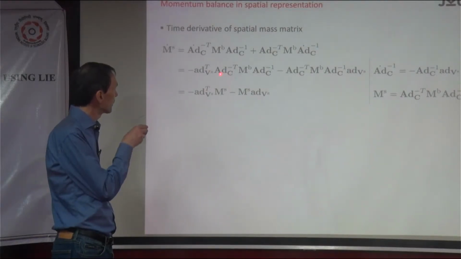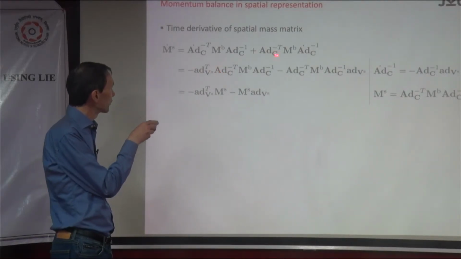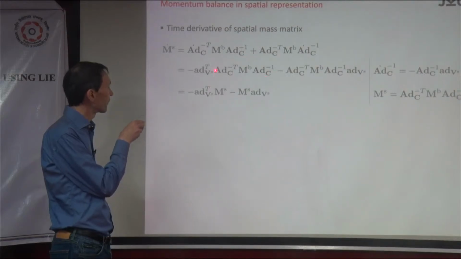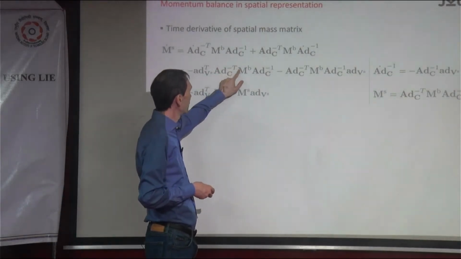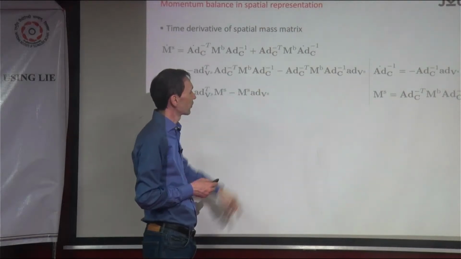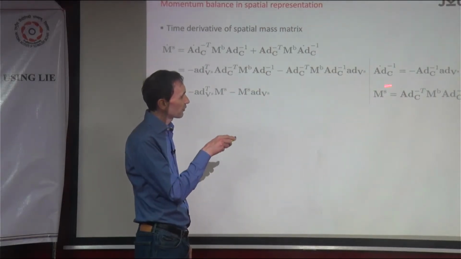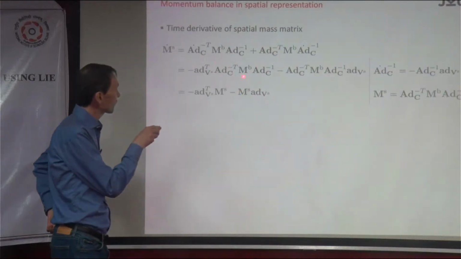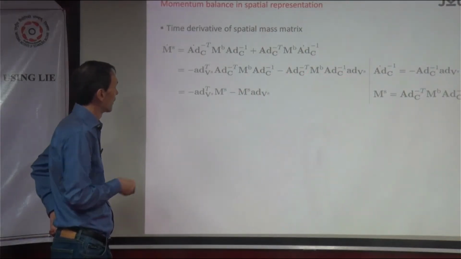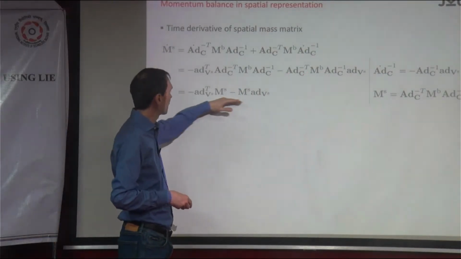What you see immediately if you plug this in here, you identify something that you know. Because this was adjoint of H inverse transposed MB adjoint H inverse. And that's exactly our definition of the space-fixed mass matrix. So essentially this is MS, and the same is here. So essentially what you have is this very nice equation.